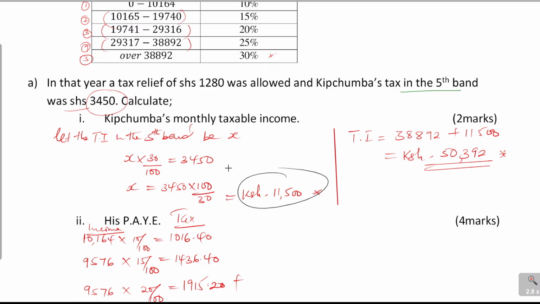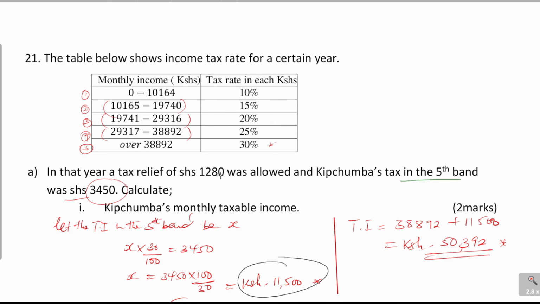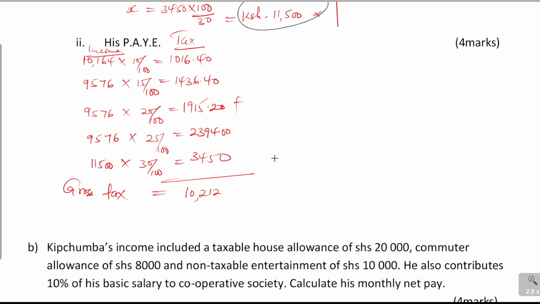Now there is something that you're given here. Remember, pay as you earn is equivalent to the net tax. So you have the tax relief of 1280. So now that is gross tax. To get the net tax, you less the relief that is given there. There's a tax relief of 1280.